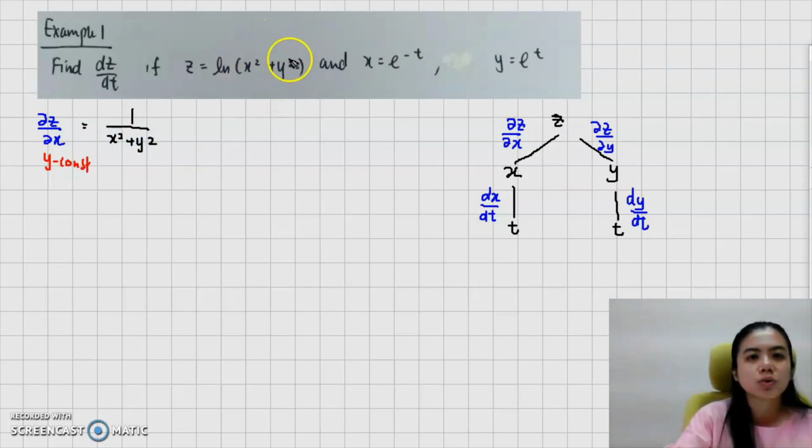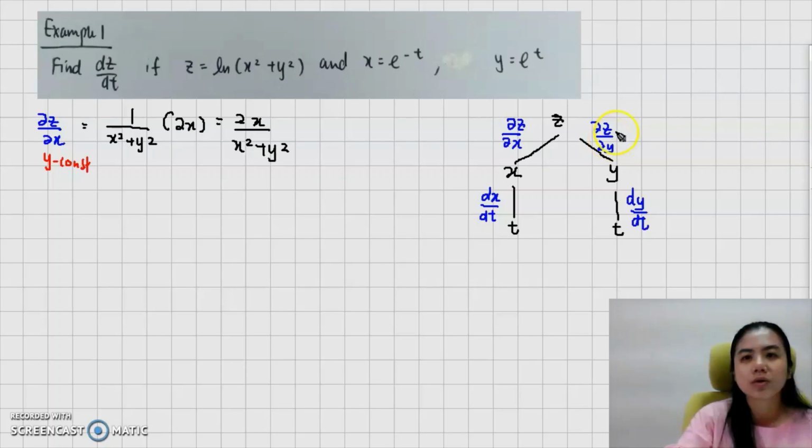Differentiate with respect to x, and y is constant. So you will have 2x plus 0, and we don't have to write the plus 0. So we end up with 2x over x squared plus y squared.